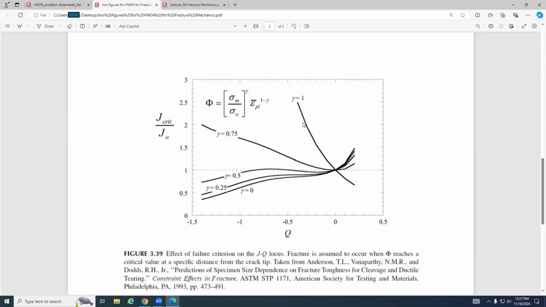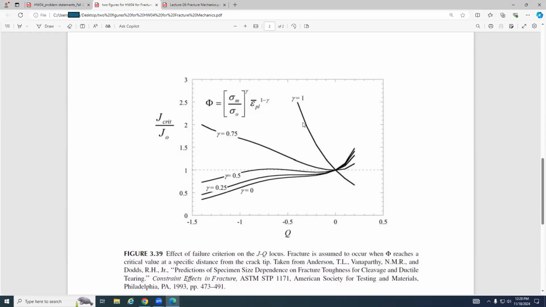Then you check this figure to get Q. After you get Q, go to figure 3.39 to get the ratio between J critical and J0. If these two values are very, very close, it means that the single parameter assumption is okay. But these two are almost double. That means it's not okay.